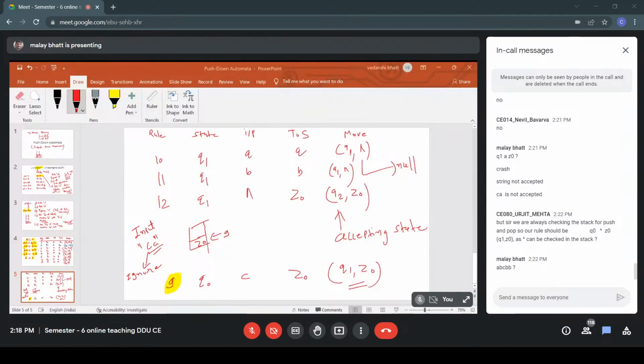It cannot be checked here because the actual language is W C W reverse. So here we don't have to check for null. Either it will be A, B or C, any one symbol will be there.